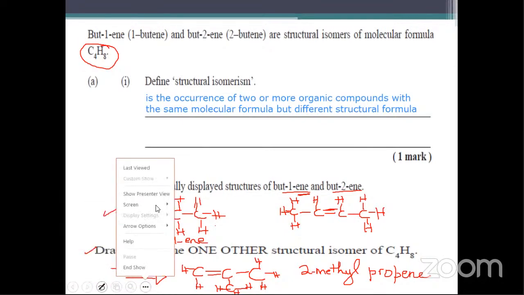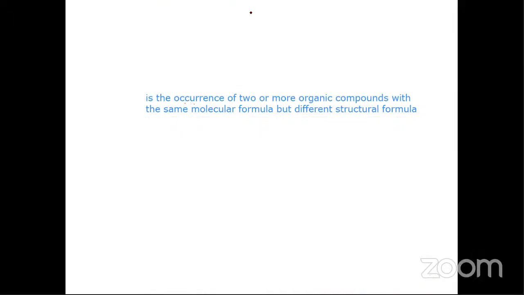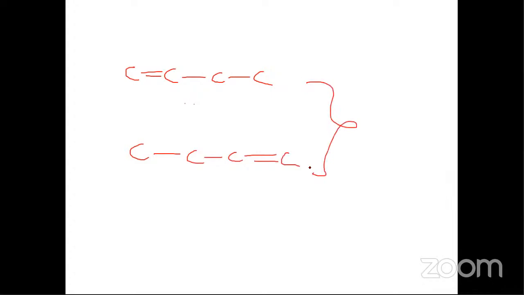I don't want anybody drawing this compound like this, and then when they ask you to draw another isomer, you draw this. These two are the exact same thing. They are just flipped around. Do you see the similarity?